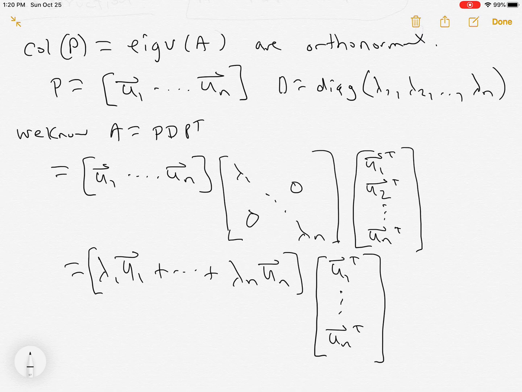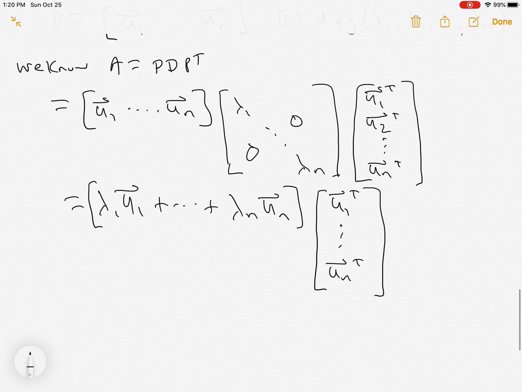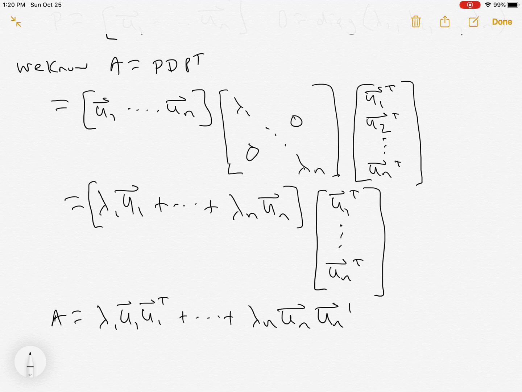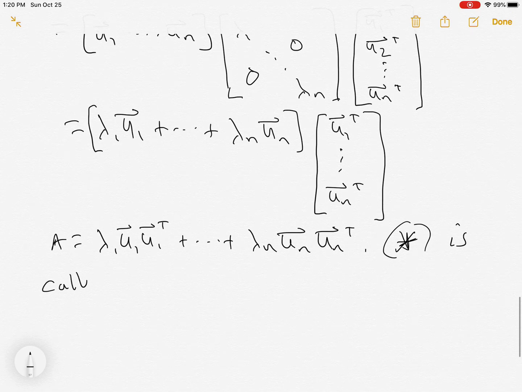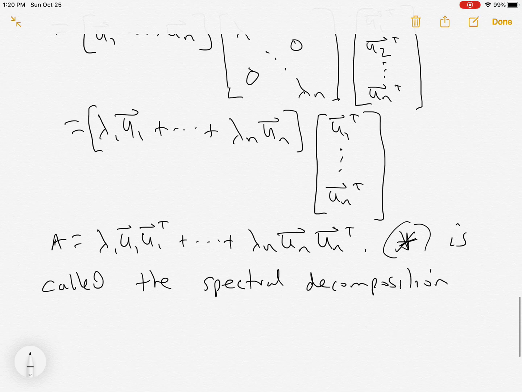Okay, and now you put that whole thing together and you get that A equals lambda 1, U1, U1 transpose plus lambda n, UN, UN transpose. And this is called the spectral decomposition of A.